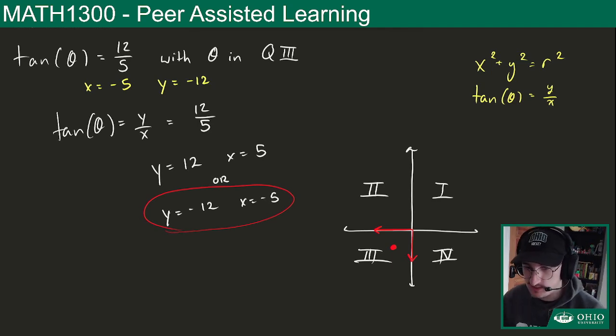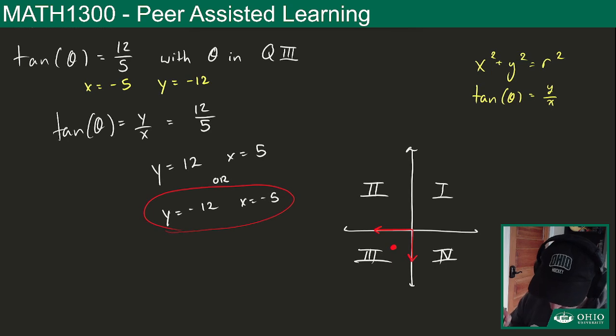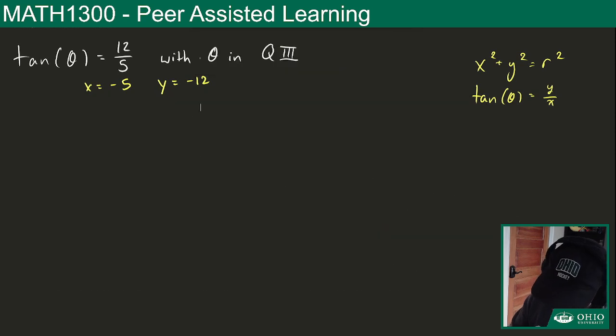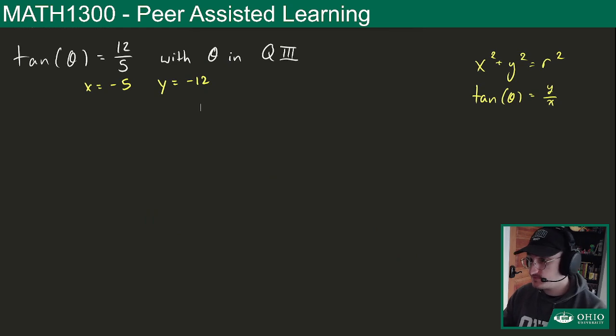Now I'm realizing I might want to pull up my calculator to make this next part a little easier. Okay, so now we know the values of x and y. We already know the value of tangent, so I am going to erase some of the stuff I have on screen. You can pause the video if you want to keep it, but I think this work is pretty solid. The last thing we want to do is find the value of r.